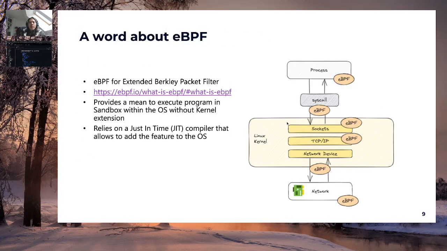Still about Cilium and its landscape, we need to talk about eBPF because Cilium is leveraging eBPF in the background. eBPF is short for Extended Berkeley Packet Filter. It's a new way of writing programs so that they can interact with the Linux kernel without having to manage kernel extensions. The programs run in sandboxes, and they rely on the just-in-time compiler that allows us to add features to the OS without adding the stuff directly in the kernel.